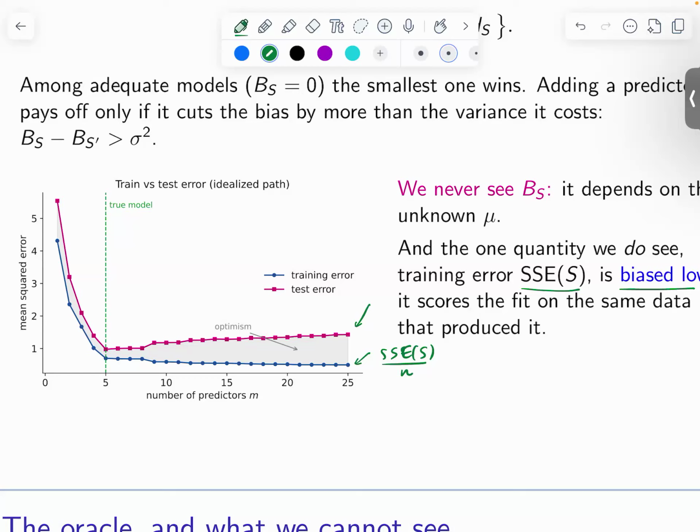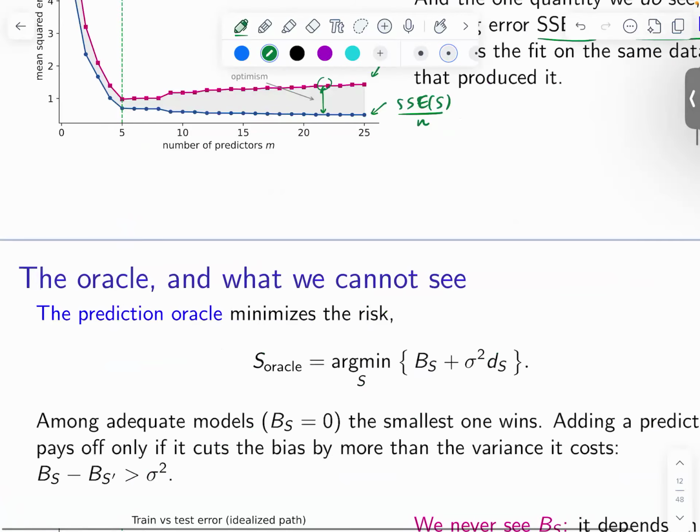And this gap, people have called the optimism. So the training error is optimistic about your test error. If you manage to estimate this gap, the optimism, I can add it to the training error and get a good estimate of the test error. That's one way of dealing with this.